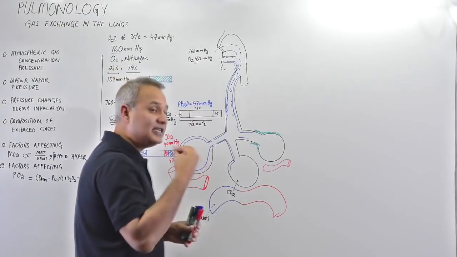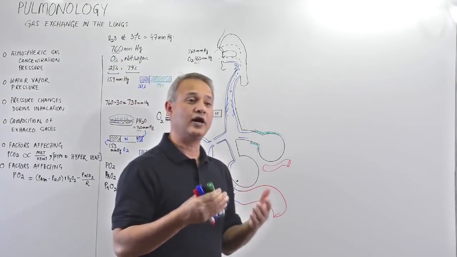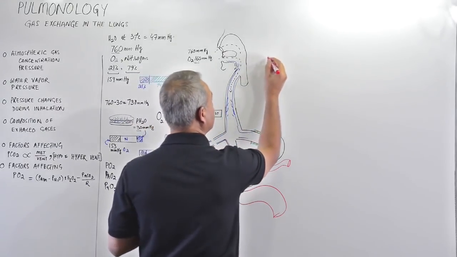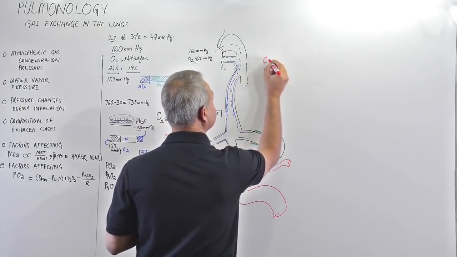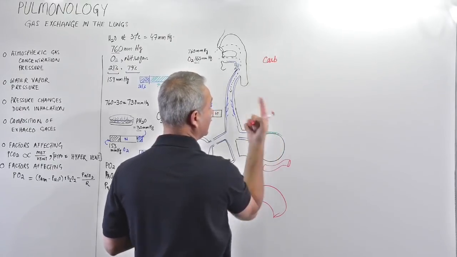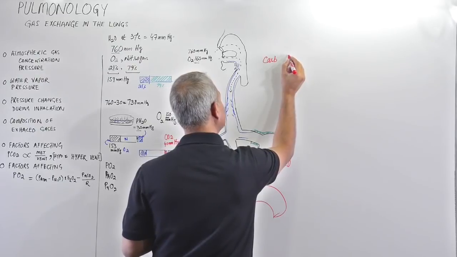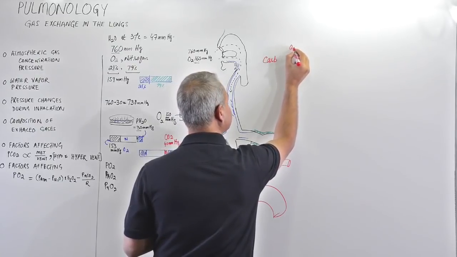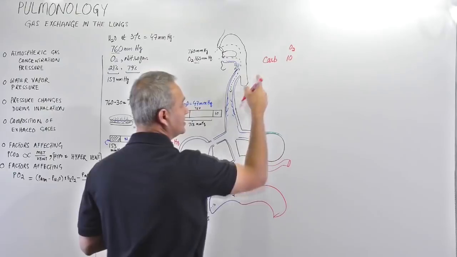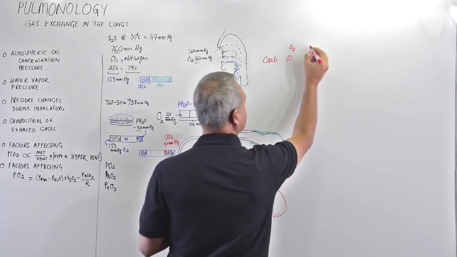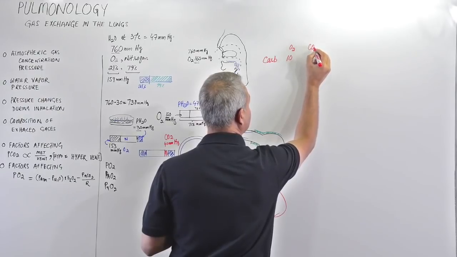when we eat some food, let's say carbohydrate, if I eat carbohydrate, and if I use 10 oxygens to digest this carb, then I produce 10 carbon dioxide as well.